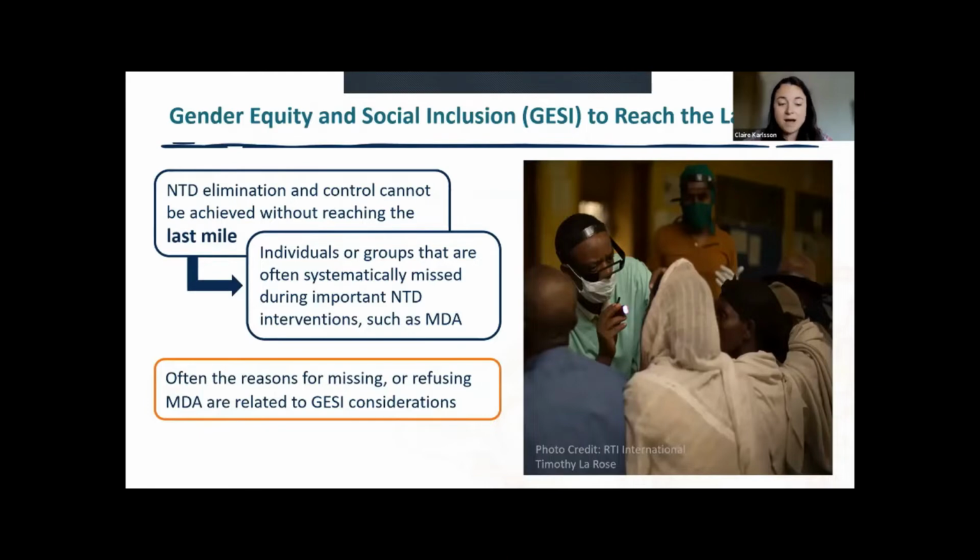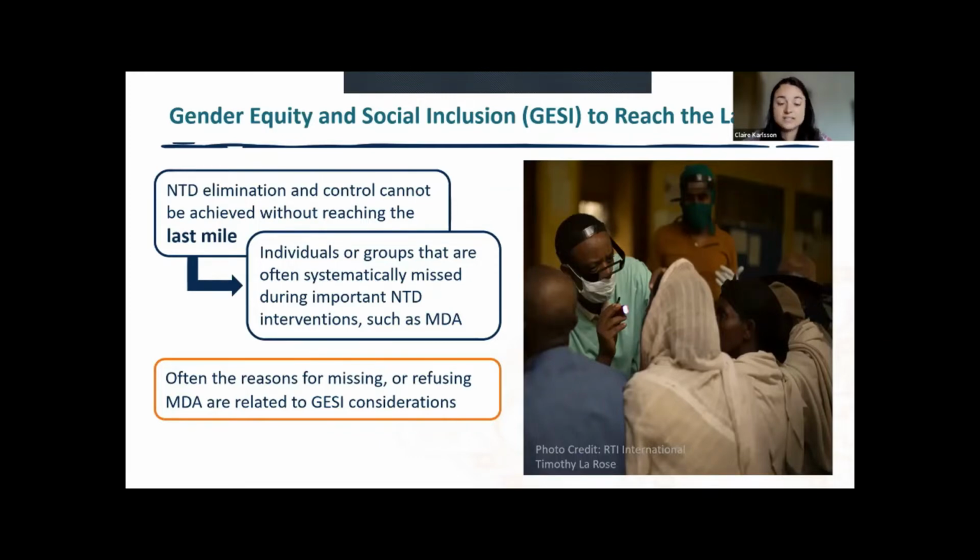To reach the last mile in NTD elimination and control, it is essential to identify and target those that MDA campaigns are missing. Often the reasons that groups, individuals, or entire communities miss or refuse MDA are related to considerations of gender, socioeconomic standing, ethnicity, religion, disability, or location, among other GESI factors.